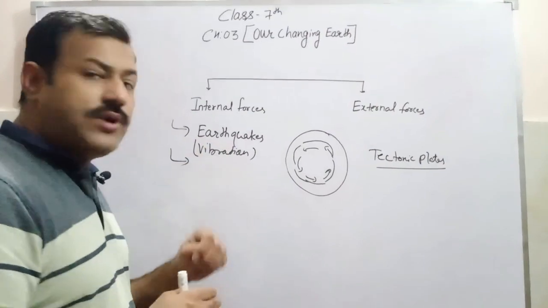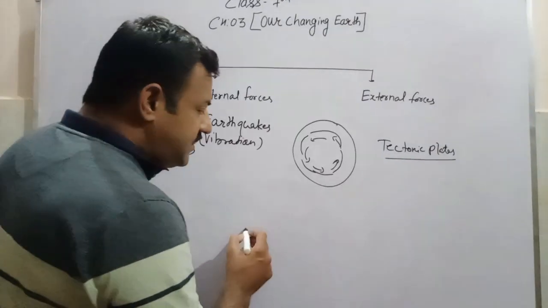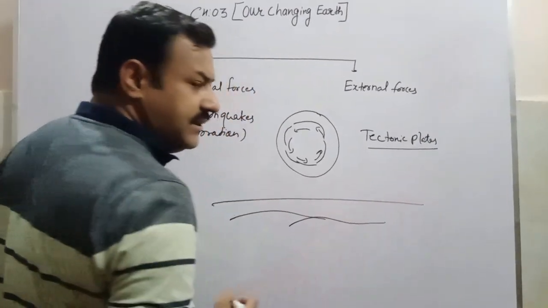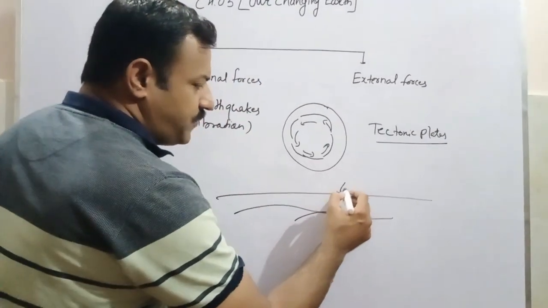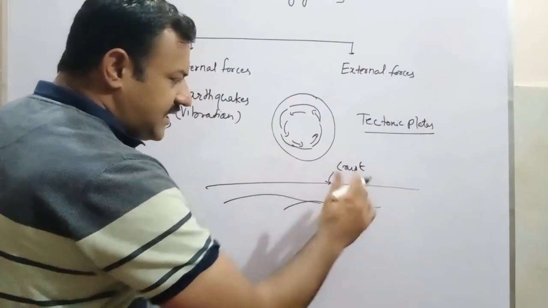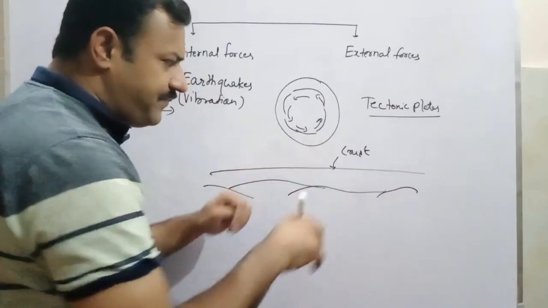So let us discuss earthquakes, and then we will again move to the volcano. Suppose these are the tectonic plates under our lithosphere. This is our lithosphere, or you can say earth crust. This earth crust is sitting or lying on these tectonic plates.